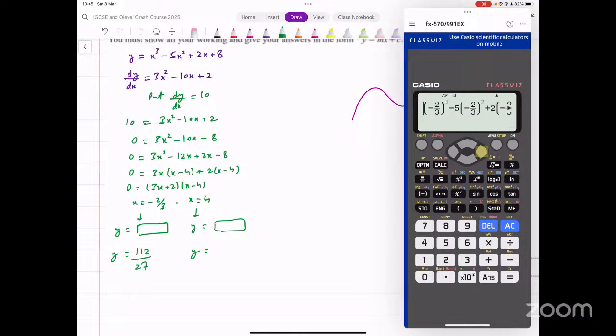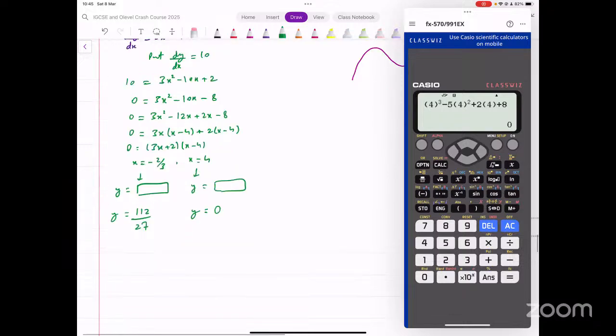For the other value, if we have x equal to 4 here, let's see what we get from that. Okay, x equals 4 gives us y equal to 0.